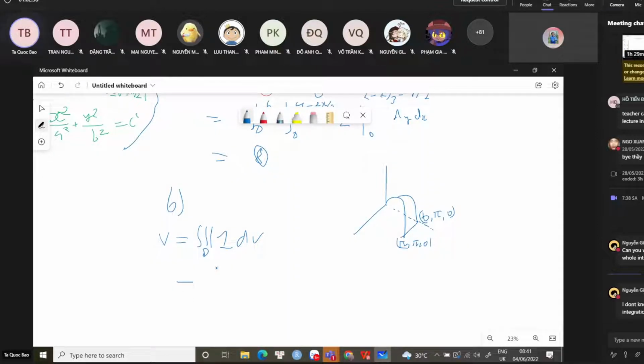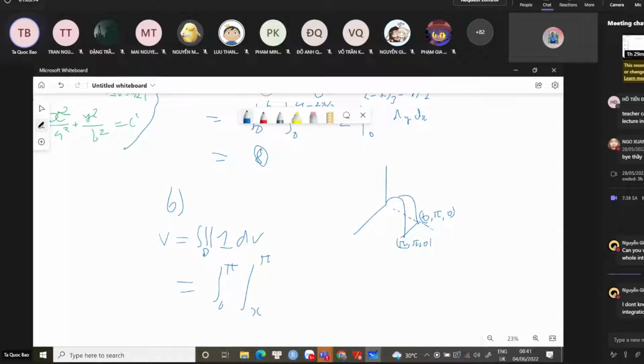So this is the integration from 0 to pi, integration from x to pi.